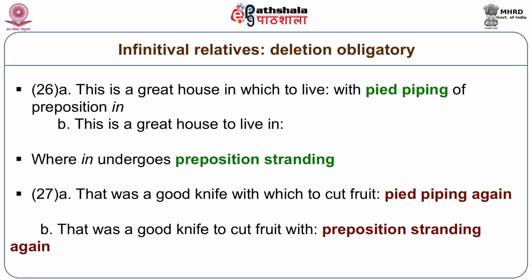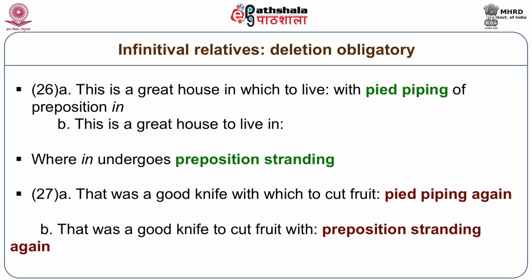Likewise, instead of saying, that was a good knife with which to cut fruit, people very often say, that was a good knife to cut fruit with. There are two things to notice here. One is that the alternation here between in which and in shows that either English leaves the preposition behind when the relative moves up to the left edge of its clause and gets deleted.